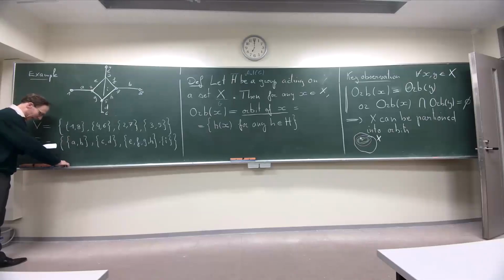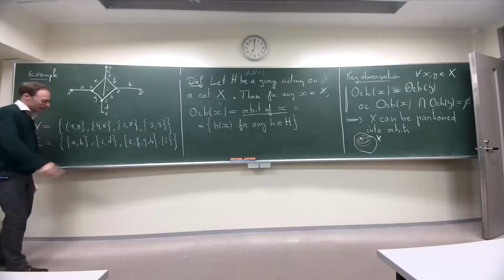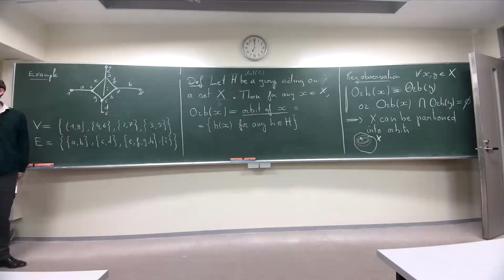And by the way, I was wondering if it is an accident. Maybe somebody can think about it. Is it an accident that we have 4 and 4 or not? Is there any reason? It would be nice to have a report on this. Either you easily find a counterexample, or if you don't, then you try to show that if we have 4 orbits for the set of vertices, we also have 4 orbits for the set of edges.